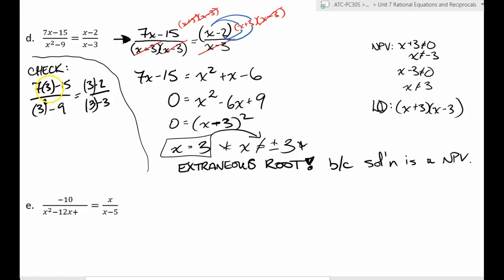Well, 7 times 3 is 21 minus 15 is going to give us 6 over 0 equals 1 over 0. Because we are dealing with over 0, these are not allowed. And so we're again proving the extraneous root.